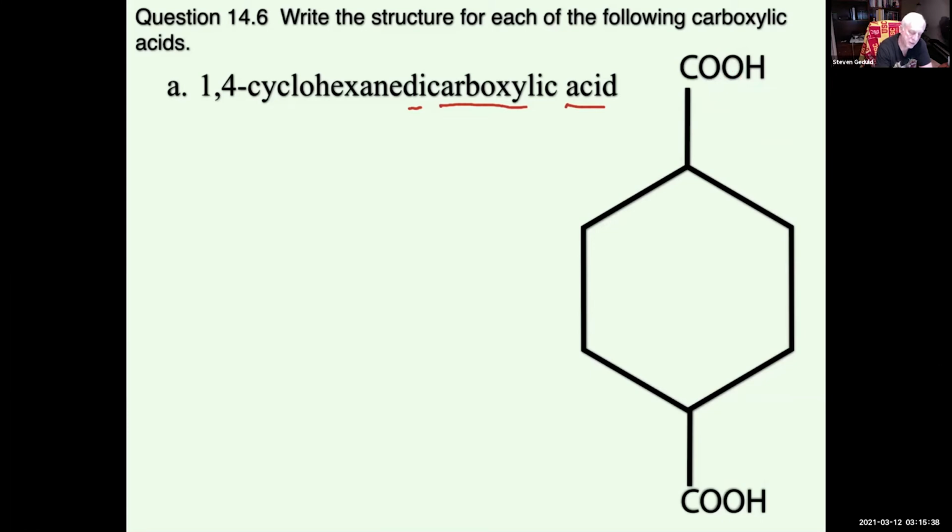Again, by definition, you got number 1 carbon, and then 2, 3, 4, 5, and 6. So cyclohexane. Dicarboxylic acid means there's 2 carboxylic acid groups. And one has to be at number 1. The other one is going to be at number 4 because it says so in here, and that's where you put it. So 1,4 cyclohexane dicarboxylic acid.